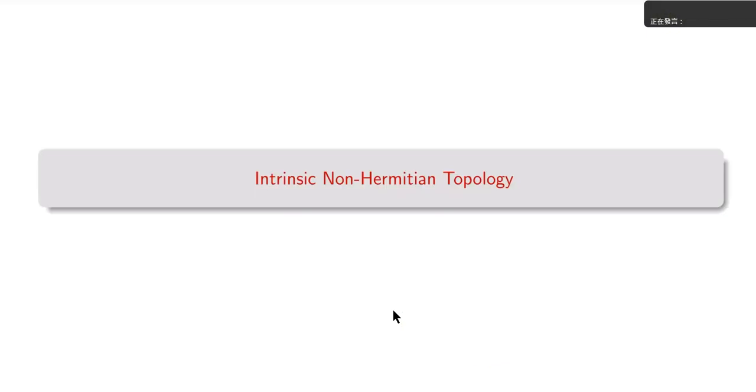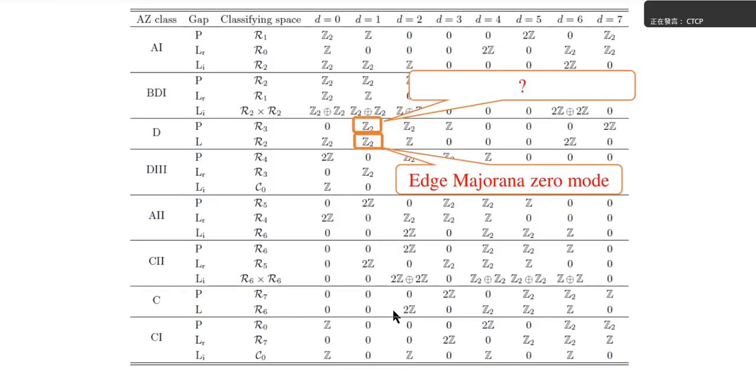So in the last 5 minutes, let me introduce the notion of intrinsic non-Hermitian topology. This is the same classification table of non-Hermitian systems.